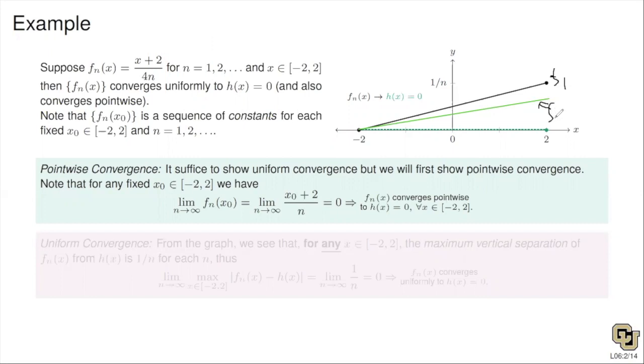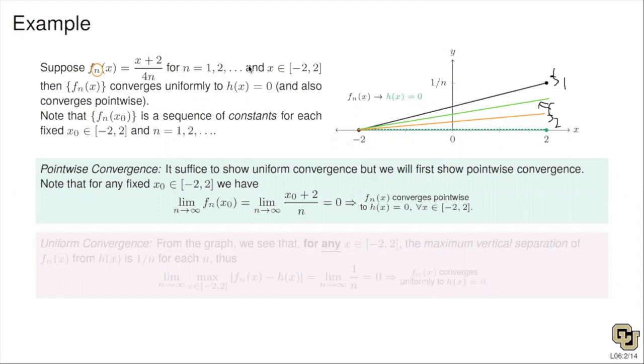There's a sequence of functions, and for each of these we can evaluate them at different x values. Here's another, f sub 3, for example. For each index n, there's a function of x defined on the interval -2 to 2.